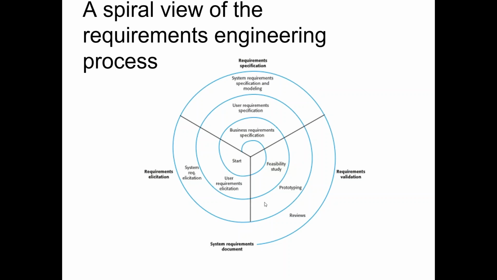This spiral is broken up into 3 quadrants. So basically, you're doing the same thing over and over again. Your elicitation, your specification, your validation. And then from your validation, you're going to have to go back and elicit more information, specify again, and you keep going. Generally, that is how it works.